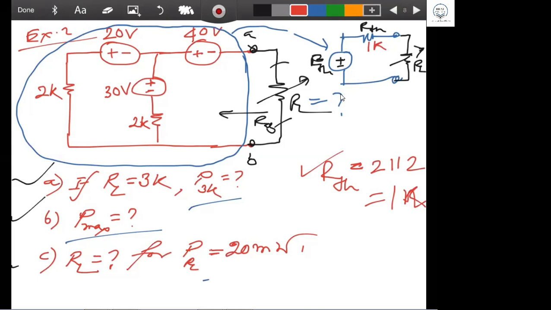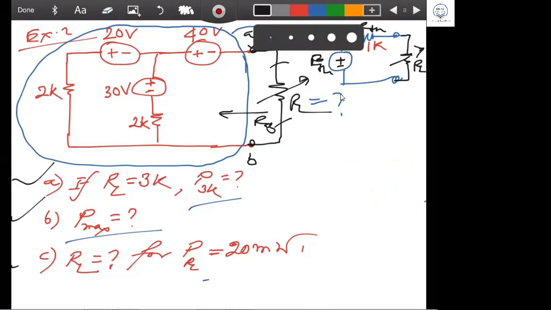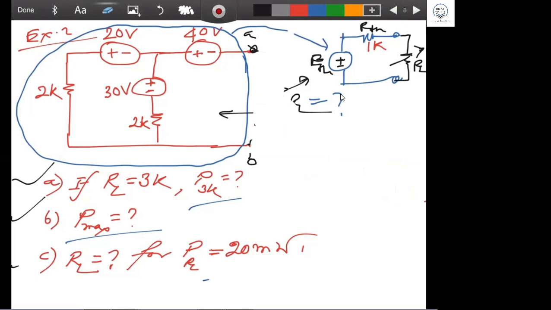Now you go for E Thevenin. How to find E Thevenin? You take this resistance out, look from the AB terminal and find the EAB.